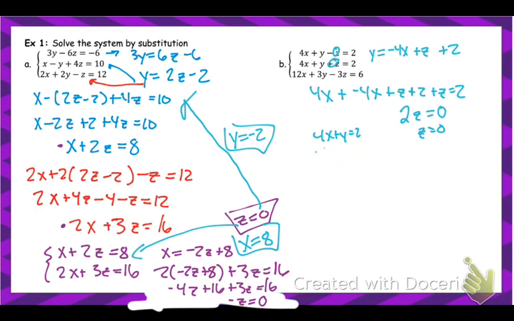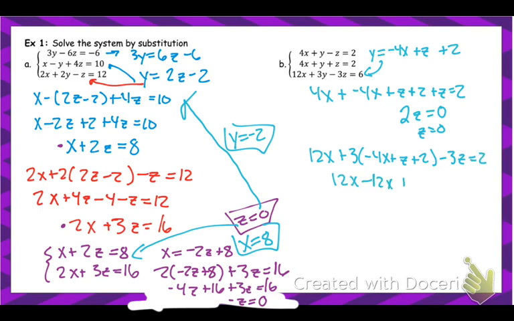Another way that you could have gotten there, let's say instead you continued and you plugged that y into that bottom equation. So if I did 12x plus 3 times y, and if I solved this, you'd notice 12x minus 12x, z and z.